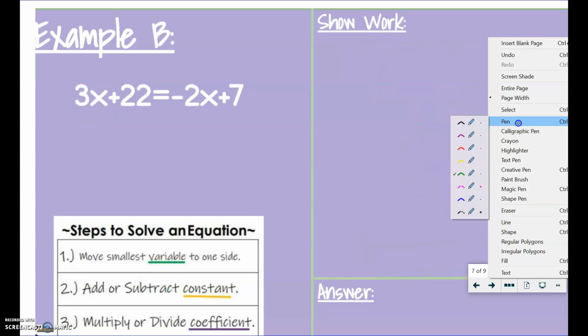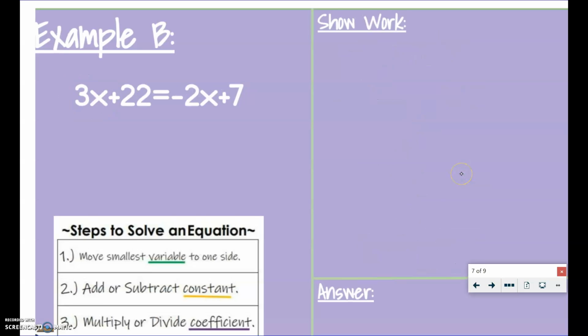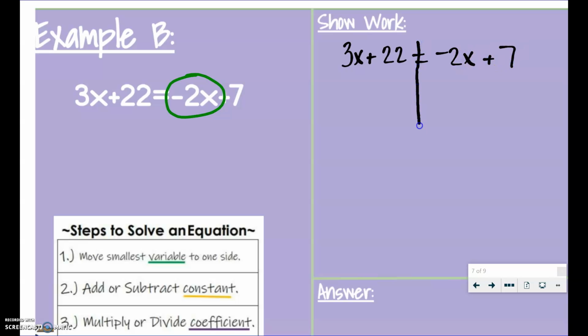Now let's take a look at example B. Once again, I'm going to first circle my smallest variable, which is negative 2x. So I know I'm moving negative 2x. I have 3x plus 22 is equal to negative 2x plus 7. Before I get started, I draw my line.